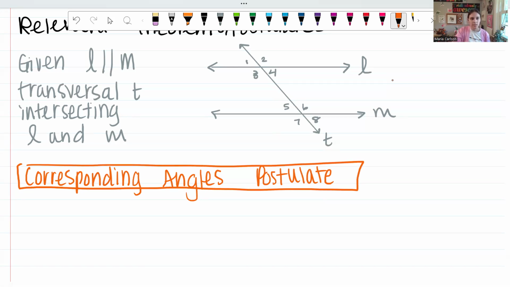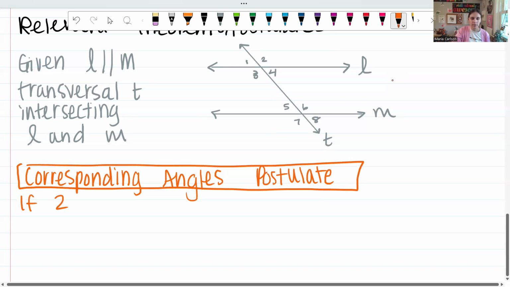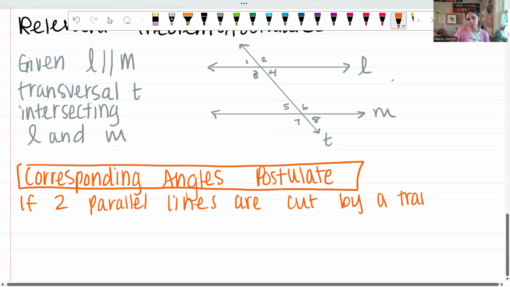So this states if two parallel lines are cut by a transversal, then corresponding angles are congruent.